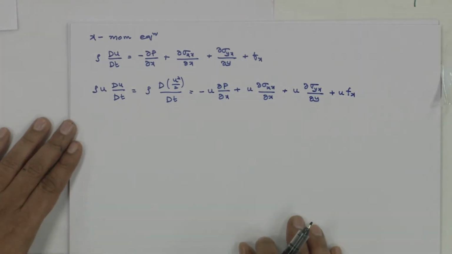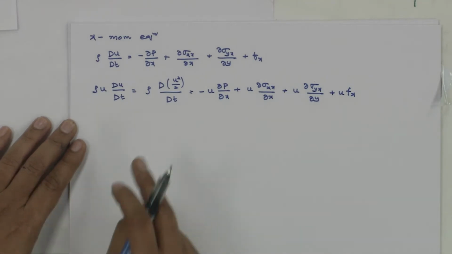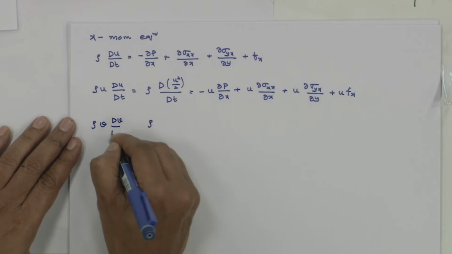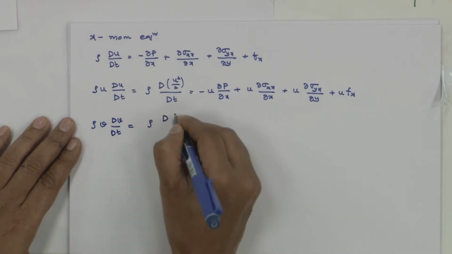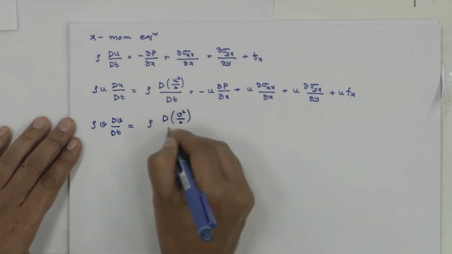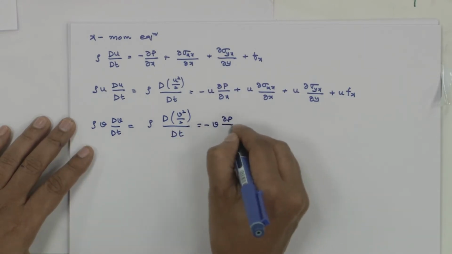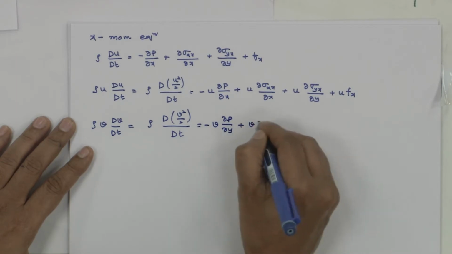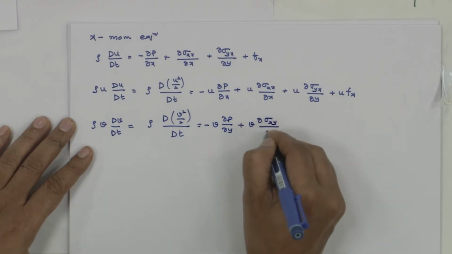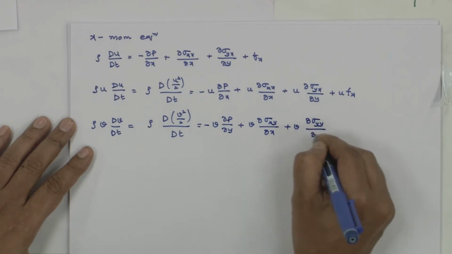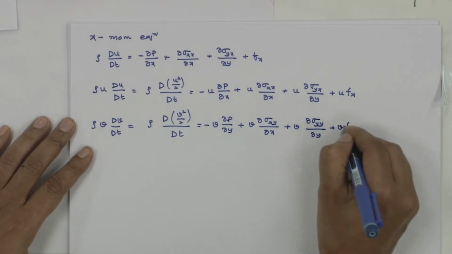Now you can do the same thing for the y momentum equation. I am not going to write it and multiply again; in one go: rho d v squared by 2 by dt is equal to minus v del p by del y plus v del sigma xy by del x plus v del sigma yy by del y plus v fy.